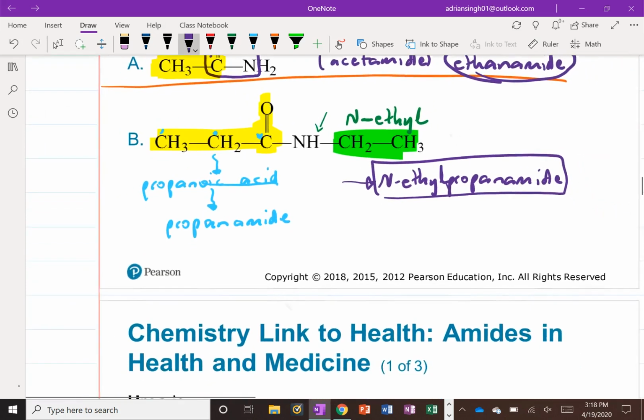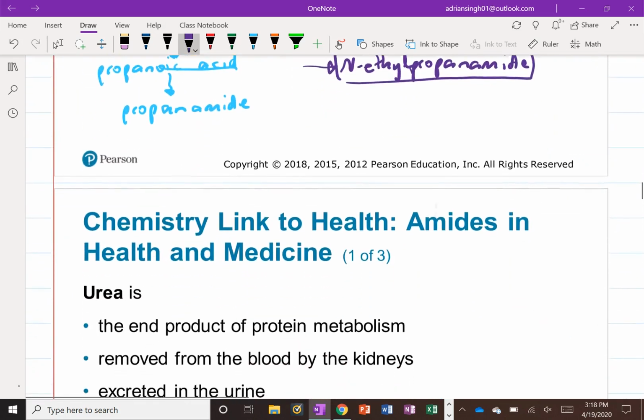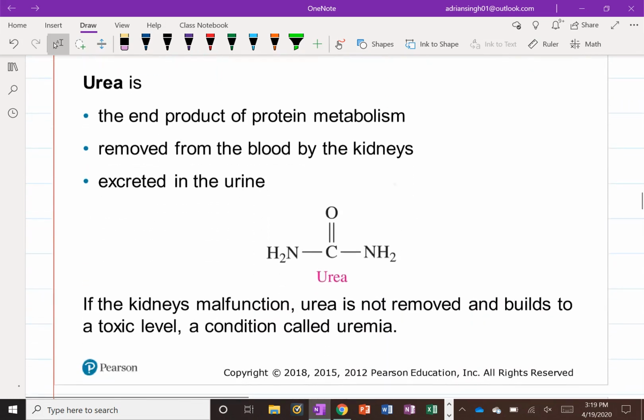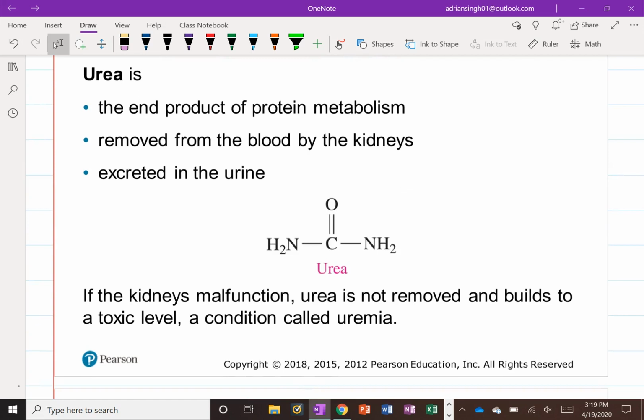All right, so in a nutshell, that's your nomenclature for the amides. Amides are things that we see a lot in chemistry and biochemistry. Urea, for instance, is a molecule that contains the amide bond. It's the end product of when you metabolize or break down your proteins.